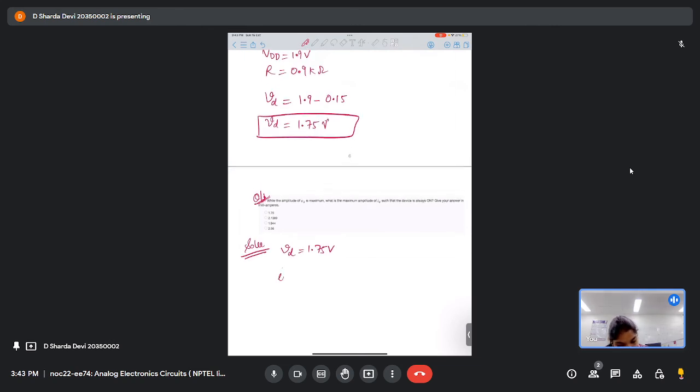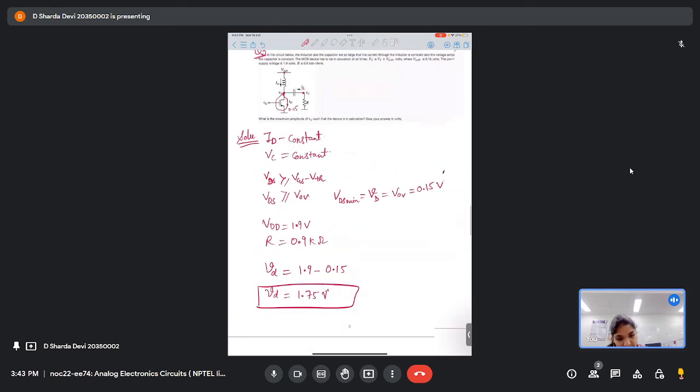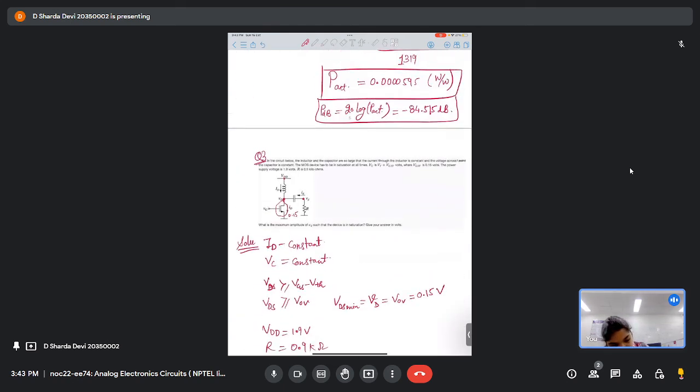So that small ID will be VD by R, right? What will be the current in this path?